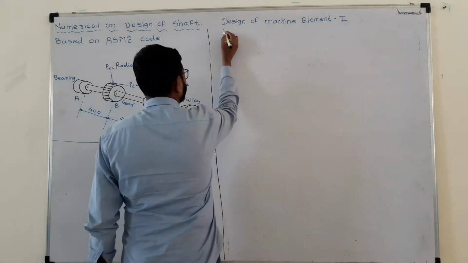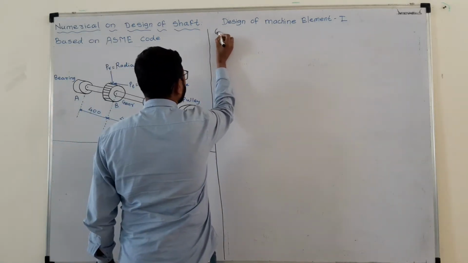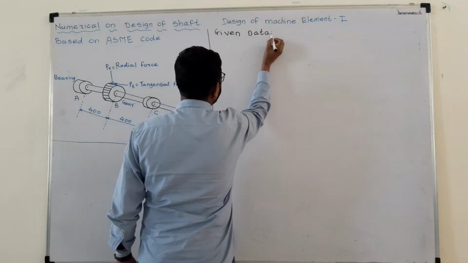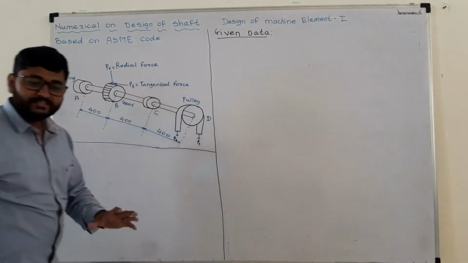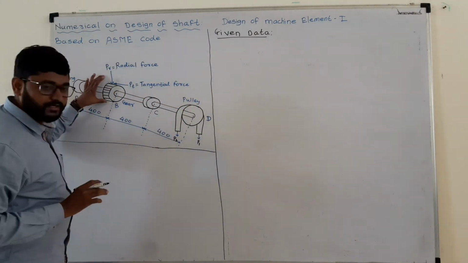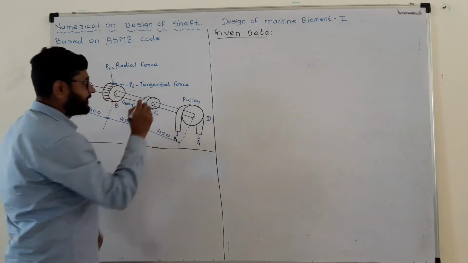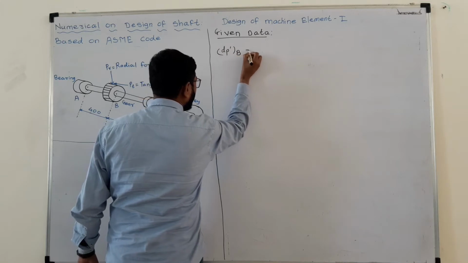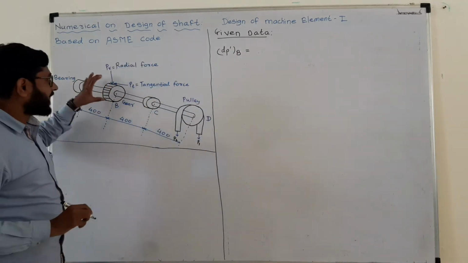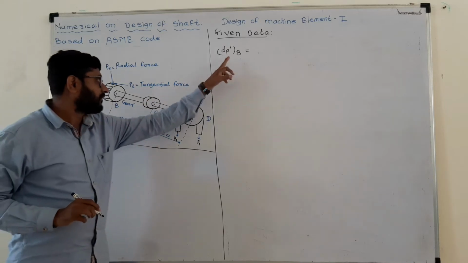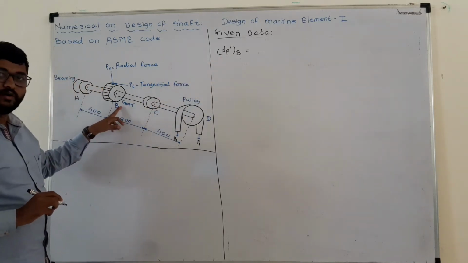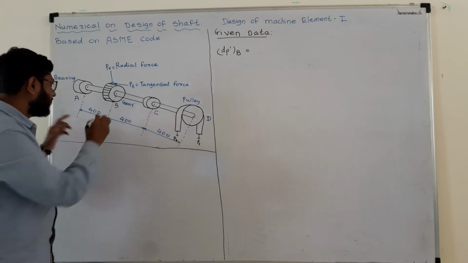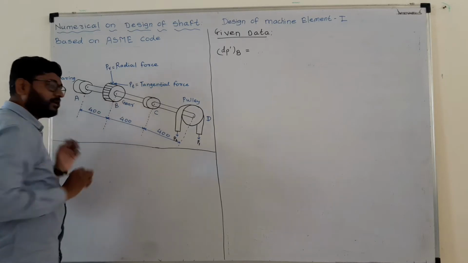Given data: the pitch circle diameter of the gear, denoted dp dash for point B, is given. Here we consider points A, B, C, D, and at point B our gear is mounted on the shaft.